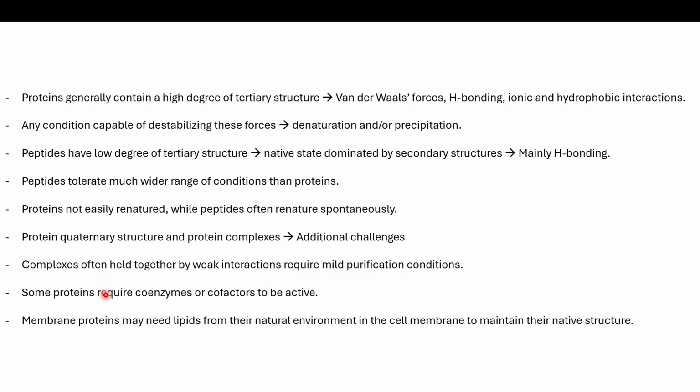Also, many times we have to be careful because suppose we want to purify a protein, and the protein should eventually retain its biological activity. For the protein to be functional, many times cofactors or coenzymes are required, right?